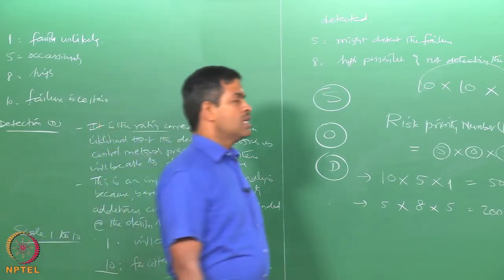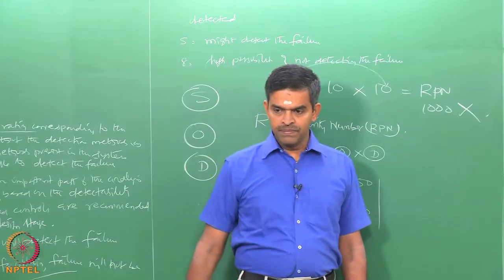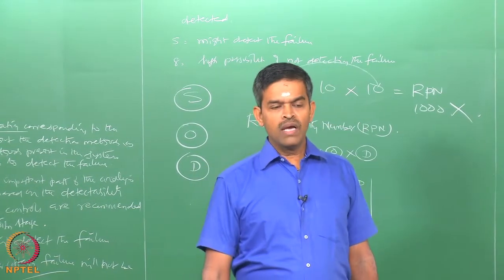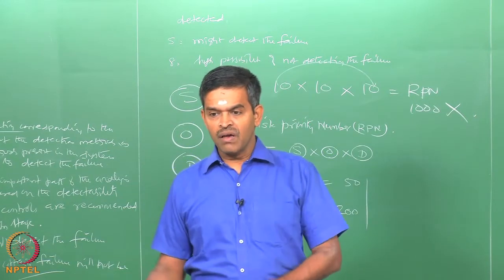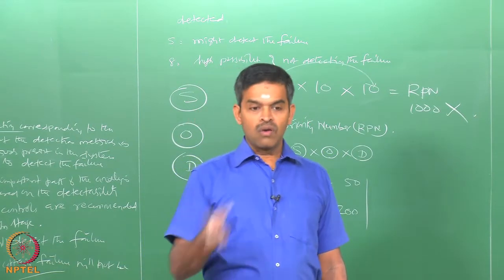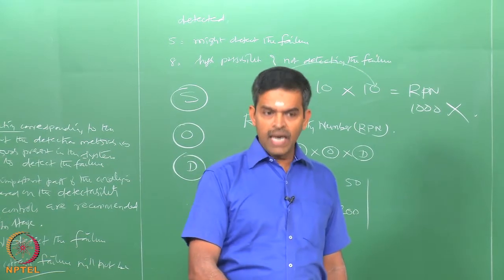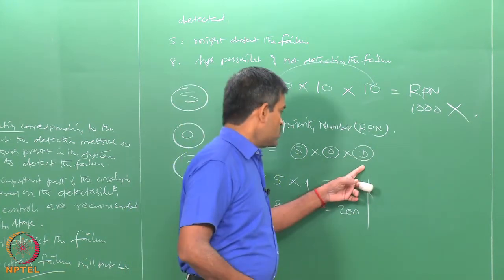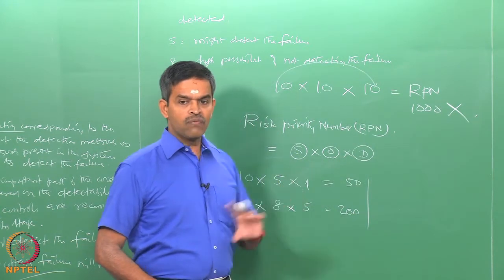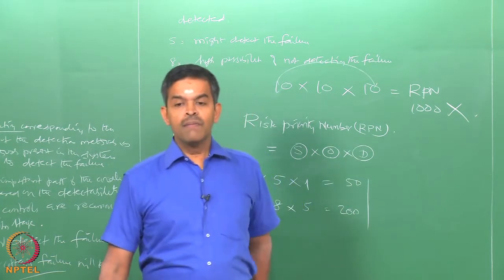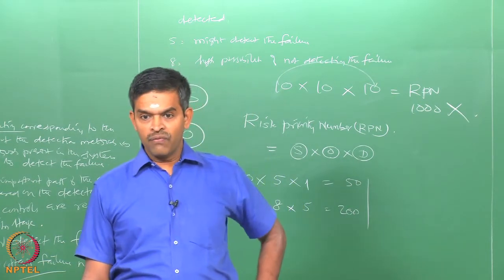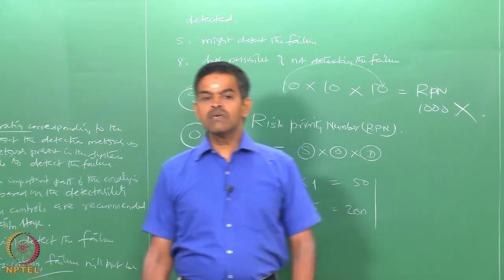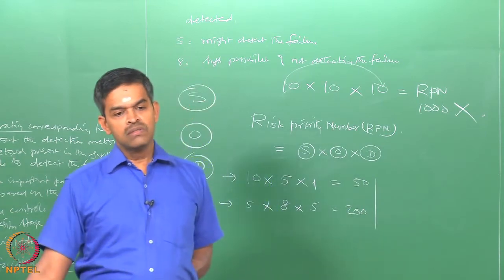So, for example, an FMEA study of system A should not be and cannot be compared with an FMEA study of system B, because the components present in system A and those present in system B may be different, and the likelihood, the design variables and severity of components of system A may not be the same as those of system B. Therefore, using FMEA studies, though it is risk analysis, you cannot compare two systems overall.